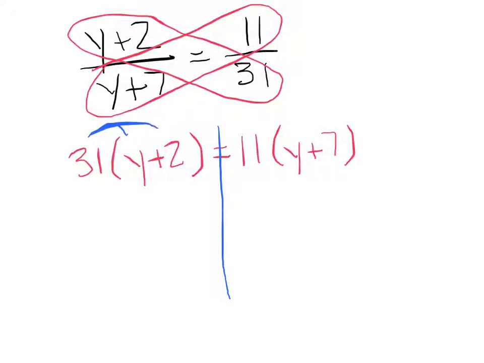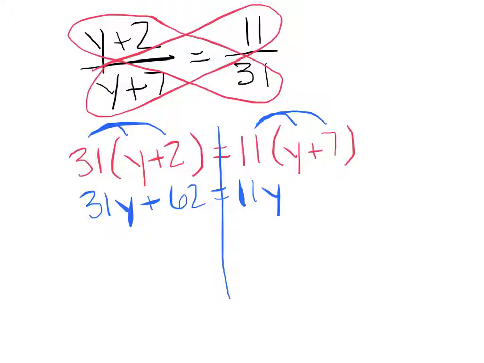We're going to distribute 31 on this side. It's 31y plus 31 times 2, 62. On the other side, the number we're distributing is 11, so we're going to distribute 11 to both terms. So we get 11y plus 11 times 7, which is 77.